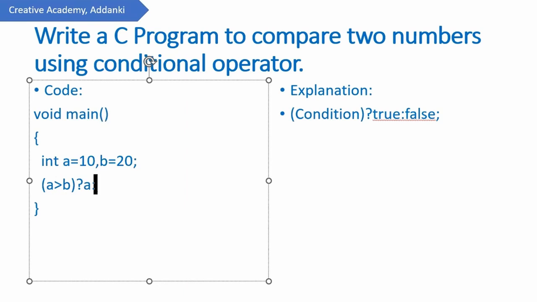If the condition is false, b will be printed. Okay, I'm storing this in a separate variable c. Okay, I'm printing it.